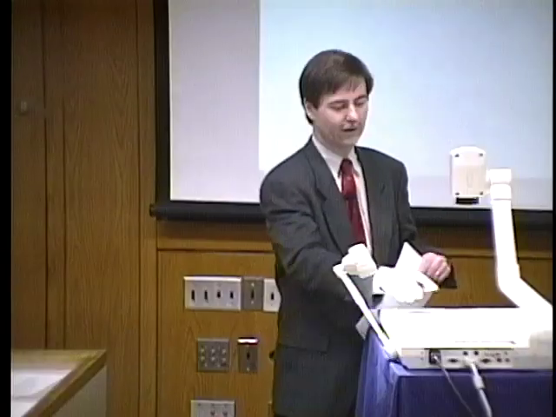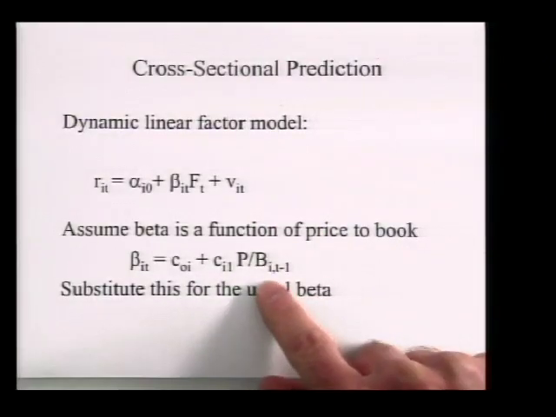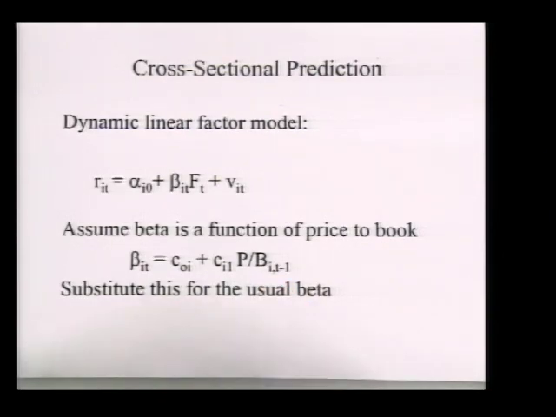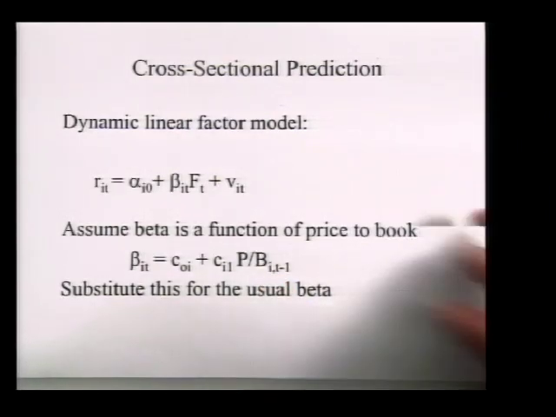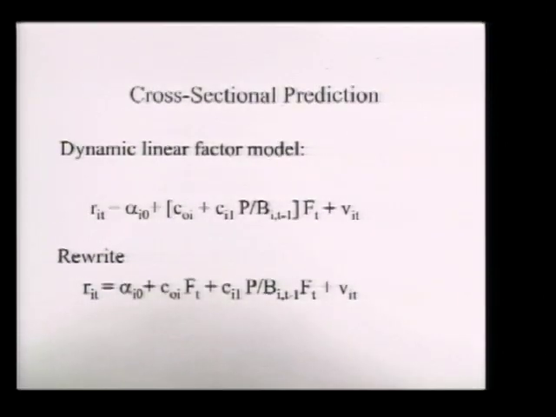OK. So this is the factor model with one factor. Make the assumption that the beta is going to be a function of the price to book ratio, or the book to market ratio. Actually, the notation changes a little bit. OK, substitute the beta in.